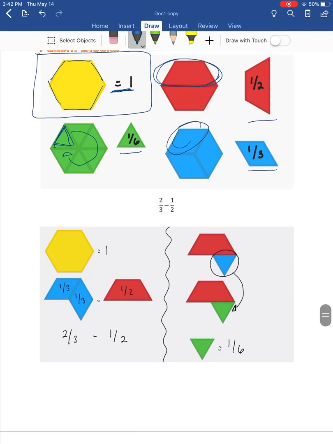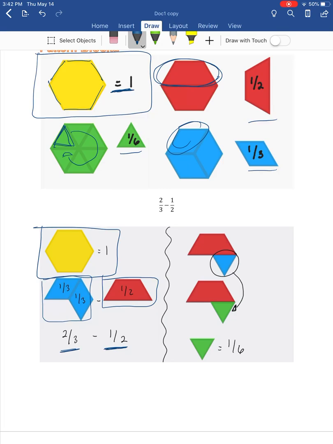Alrighty, so we're going to utilize this idea and these visuals to help us solve 2/3 minus 1/2. Once again, we know that the whole yellow shape is equal to 1, and we want to do 2/3 minus 1/2. The 2/3 of the whole looks like 2 rhombuses put together. That is 2/3. The 1/2 is just the one trapezoid.